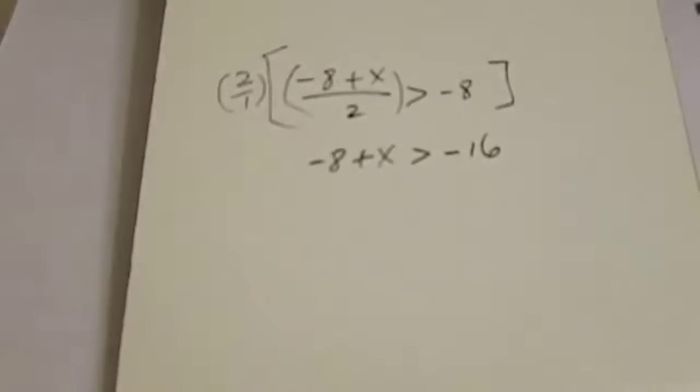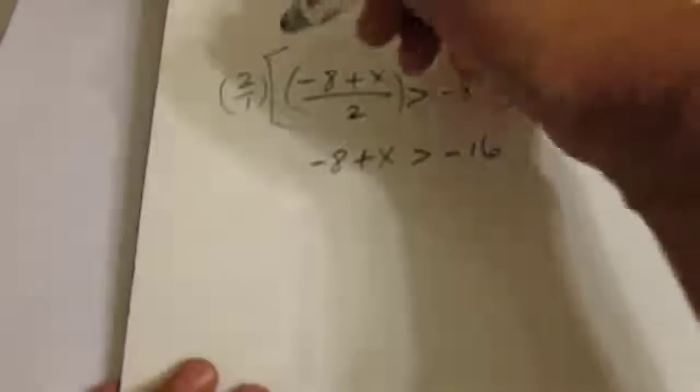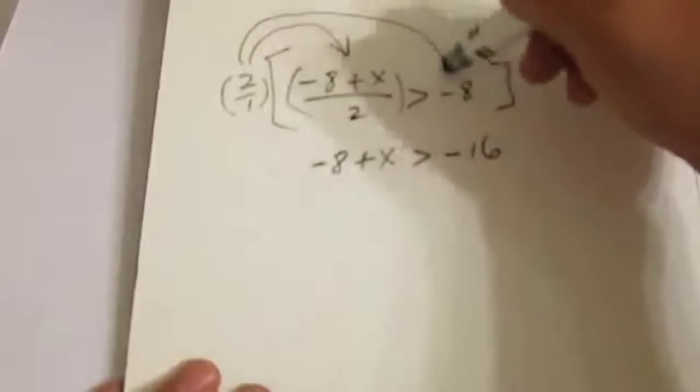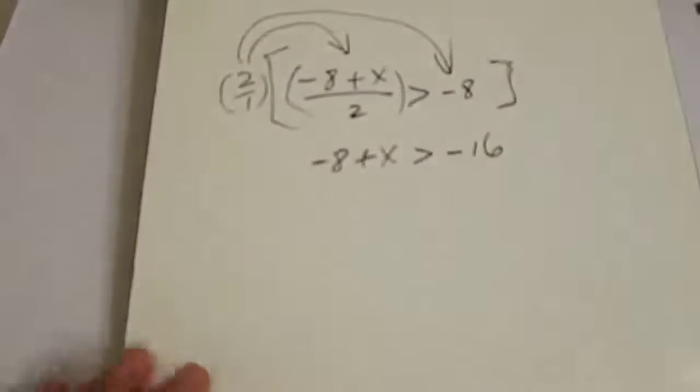I'll let you digest that for a little bit. If you have to stop the video, stop it and look at it. It'll be a little more challenging for you when I write it like that. But basically, I'm also doing the distributive property like that. See? Something new, I hope.